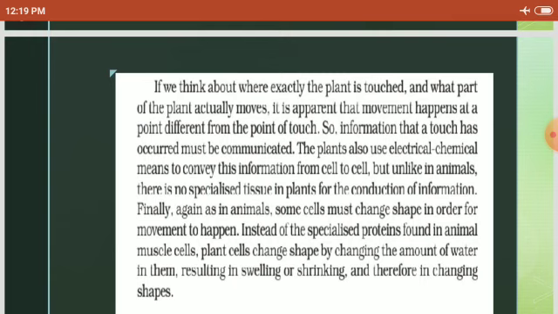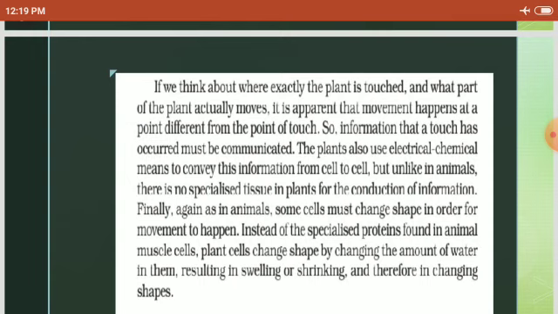One place you are touching, the movement is in another place, which means there is communication. The plant also uses electrical-chemical means to convey this information from cell to cell. But unlike in animals, there is no specialized tissue in plants for the conduction of information.